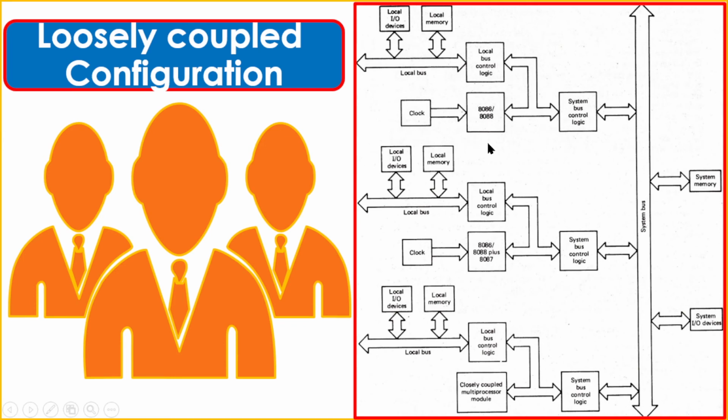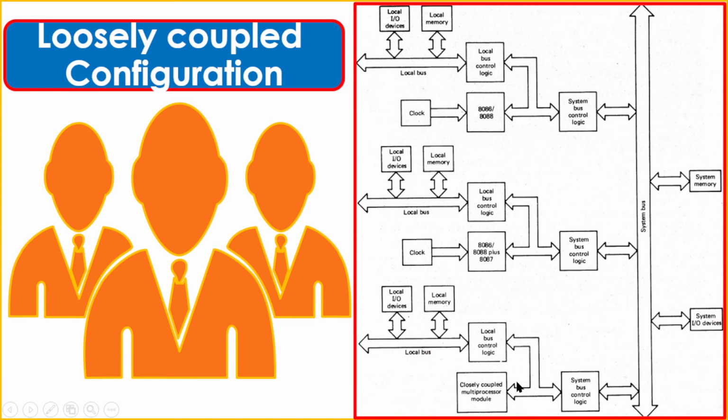This is one kind of coprocessor configuration, the local processor. The 8086 is able to execute programs from the local memory and local IO devices, as well as from the system memory with the help of the system IO. So both options are open here: a processor can execute instructions from local IO and memory, and from the system IO and memory as global.